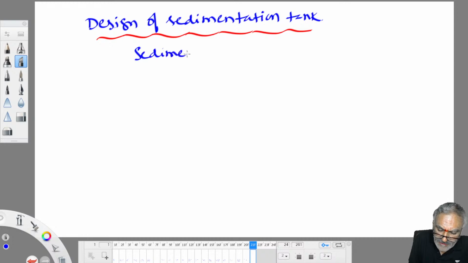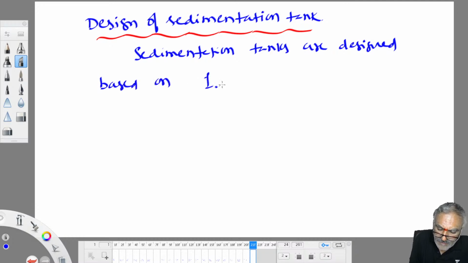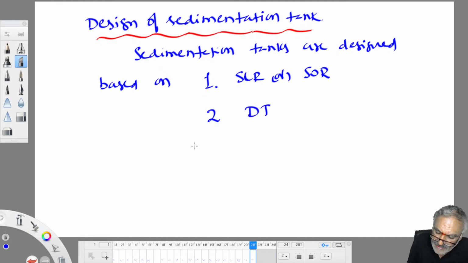Sedimentation tanks are designed based on one, surface loading rate or surface overflow rate. Slightly more we provide here. For plain sedimentation tank we provide different values. So to capture this flocculant particle, we provide surface loading rate. It is easy to capture, therefore we can increase surface loading rate. And second is detention time.